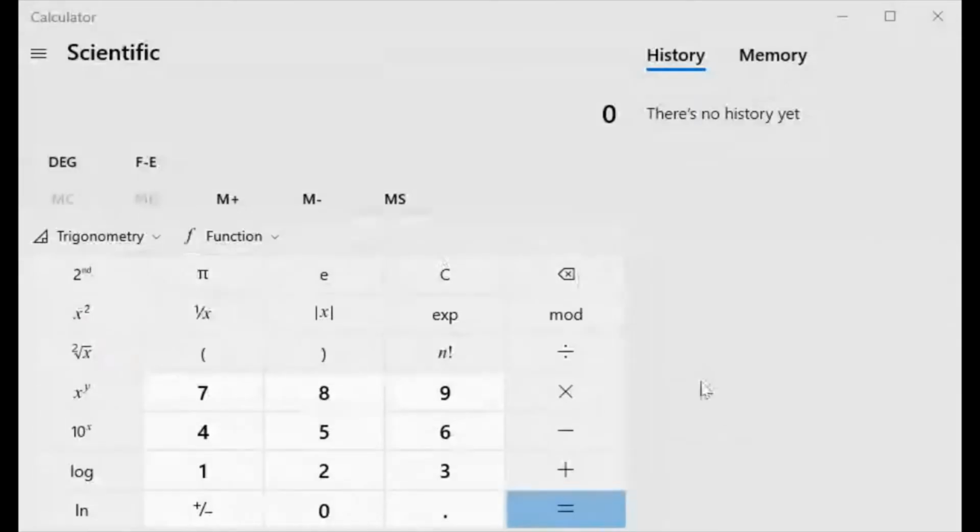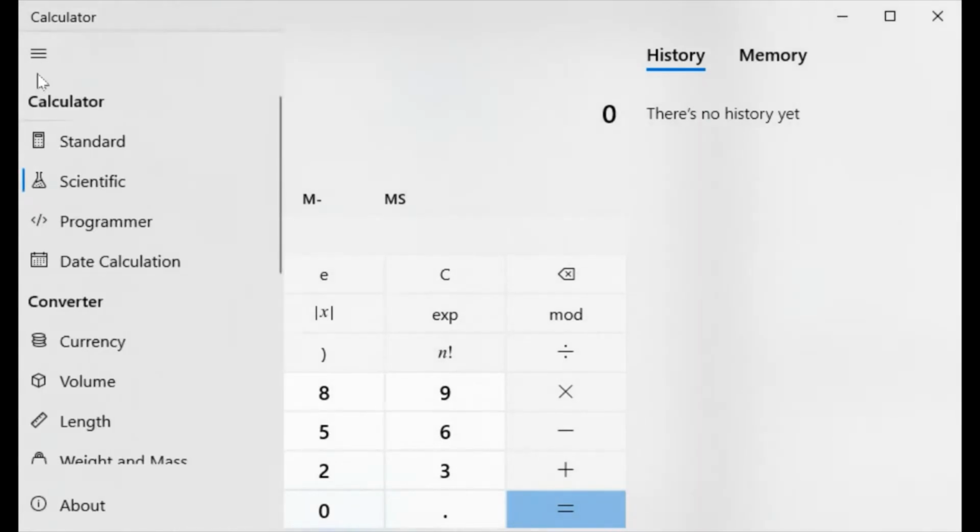Yeah, calculator. We can do this on Excel, but I'm just trying to show you. From the Start menu, you can pull up the calculator, and normally it is set to standard by default, but you want to select scientific, right?